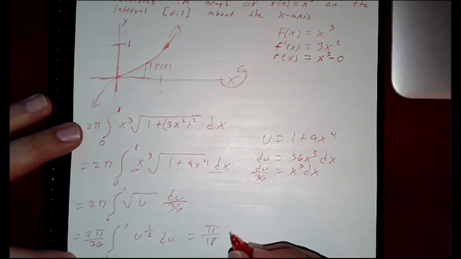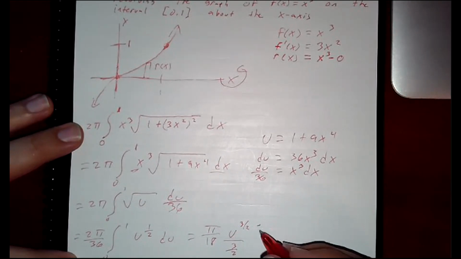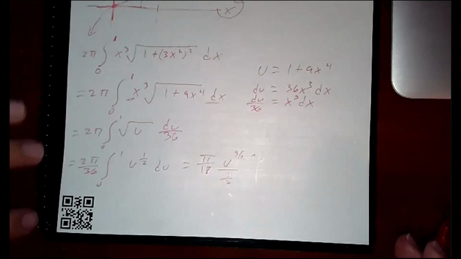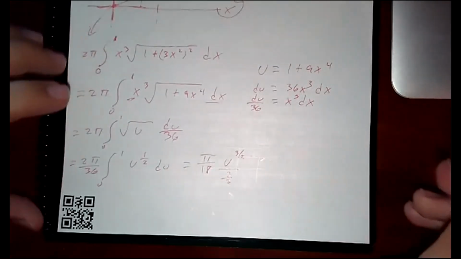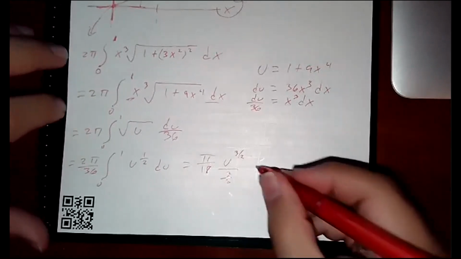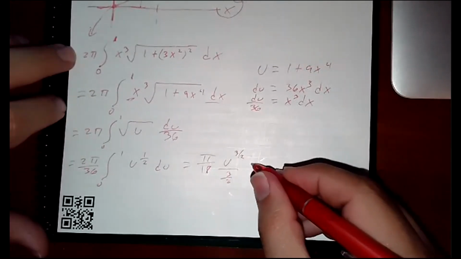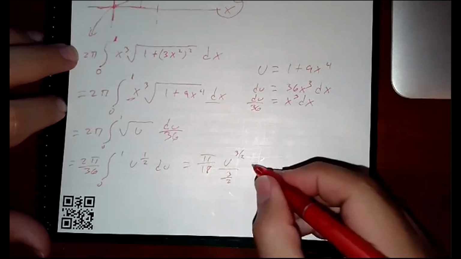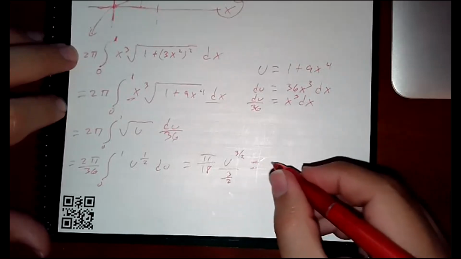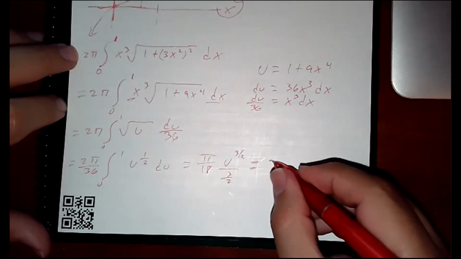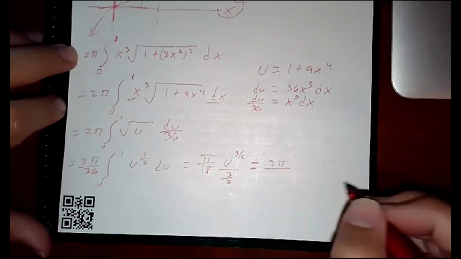u to the 3/2 over 3/2. Now it's funky fractions, but dividing by 3/2 is the same as multiplying by 2/3, right? That would be 2 pi over 3 times 18.